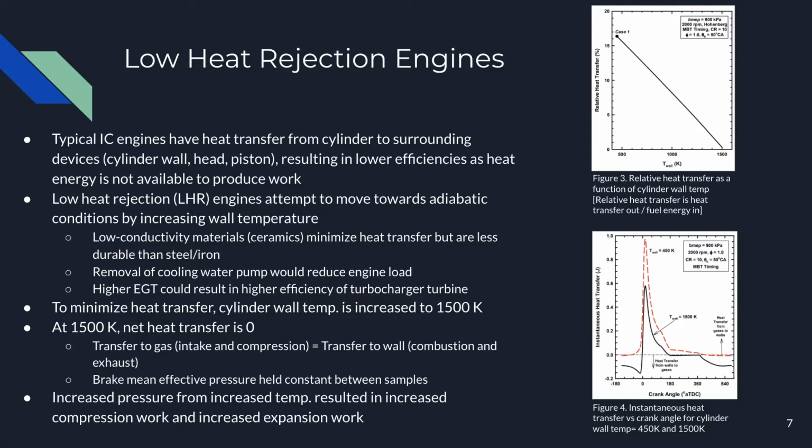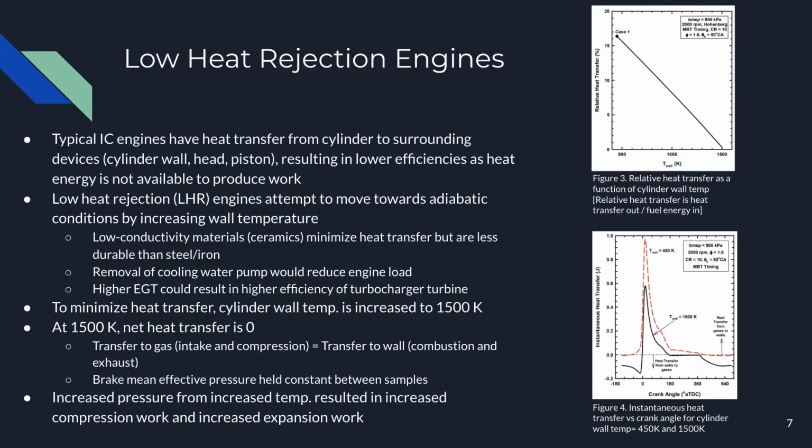So looking at figure 3, we see that we're using 450 as the wall temp for a typical IC engine, which we'd see today, and moving all the way up to 1500 Kelvin, which we're going to assume is approximately the average temperature inside the cylinder. And therefore, there's not going to be a net heat transfer in or out of the cylinder during operation.